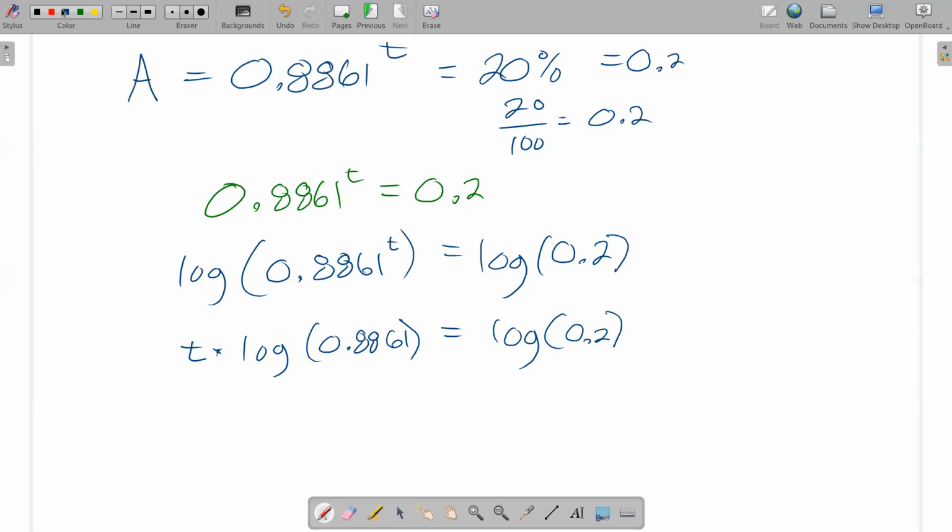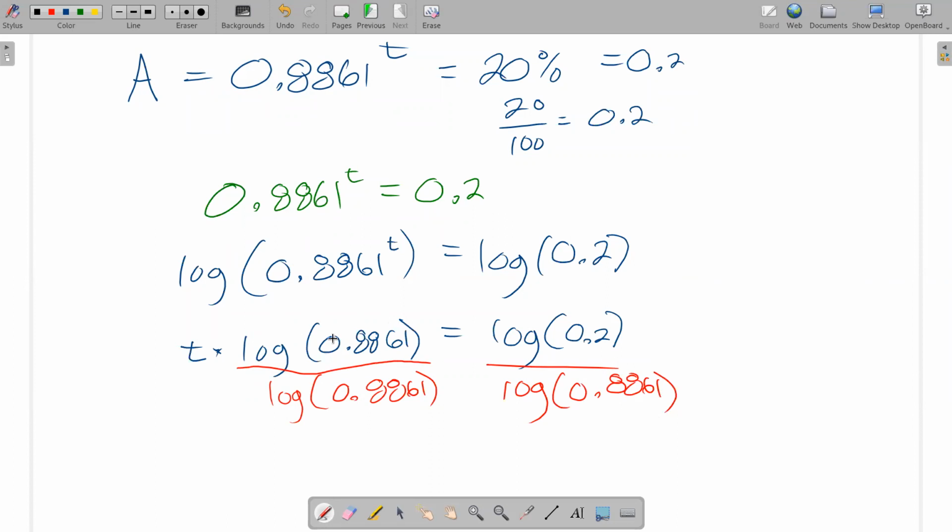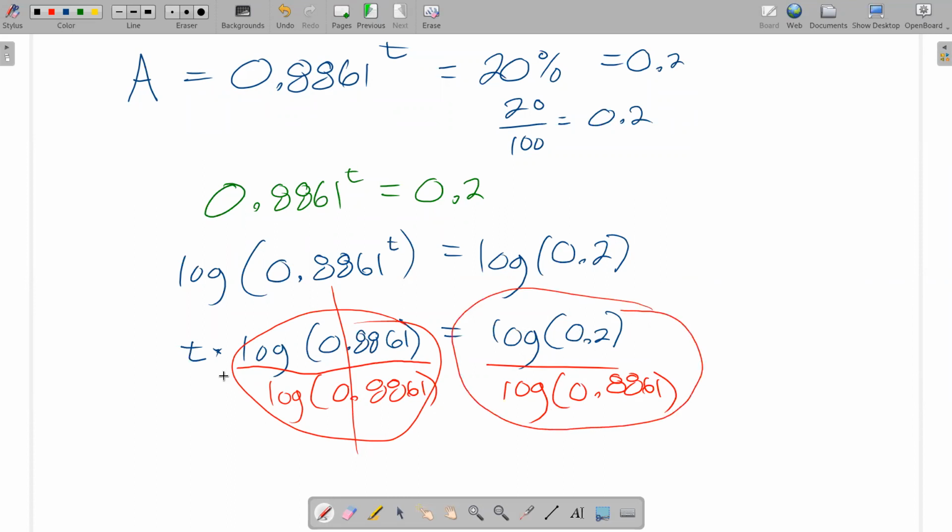How do we get rid of multiples? This is just some number, so I can just divide by it. But I have to do the same thing to the other side. Now on this side, I have a number divided by itself, and a number divided by itself is always 1. On this side, there's not much I can do but plug into my calculator to figure out what t is.